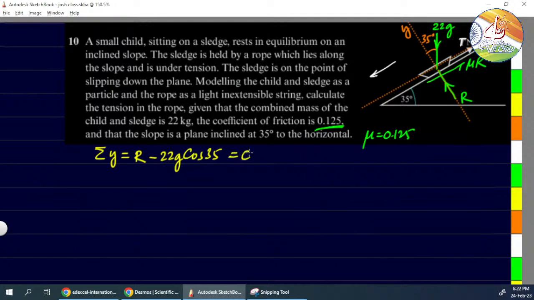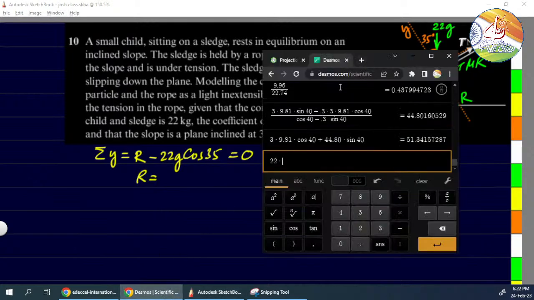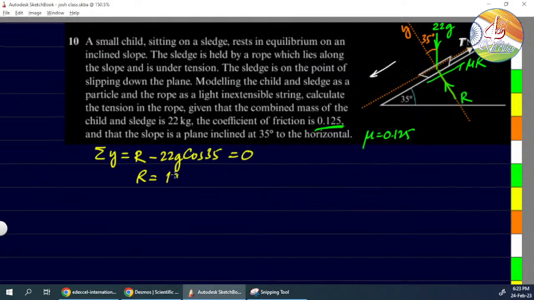This total should be 0 because all other forces are parallel to the x-axis. So R we will get as 22g cos 35. Let's find this: 22 into 9.81 into cos 35. So we're getting 176.79 newtons. So this is the value of R.